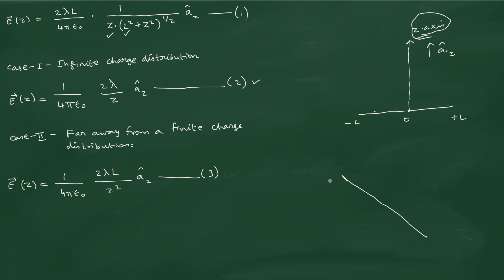Suppose this is the distribution that you have from minus L to plus L, and the center is here. And then we have chosen this particular vertical axis as the z, the distance that we have chosen. So suppose this point is chosen as the z, and we have calculated the electric field at this particular point z. That's what we have done.